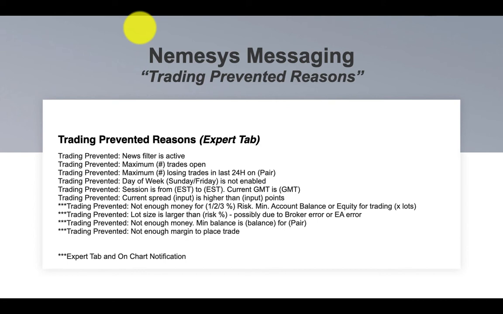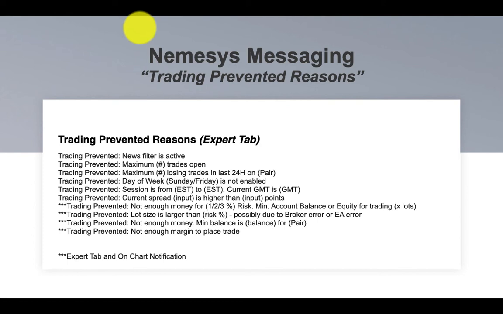Next, trading prevented. Lot size is larger than, all right, risk percentage, possibly due to broker error or EA error. So this is very important when it comes to your phone. If you get this error, either your broker has an error or the EA has an error because it's not calculating your lot size correctly based on the risk and your account size, your balance. All right. So what that means is you need to reach out and submit a ticket.